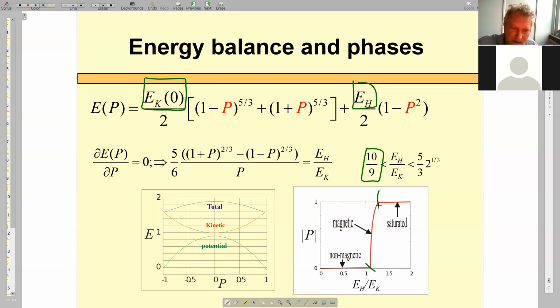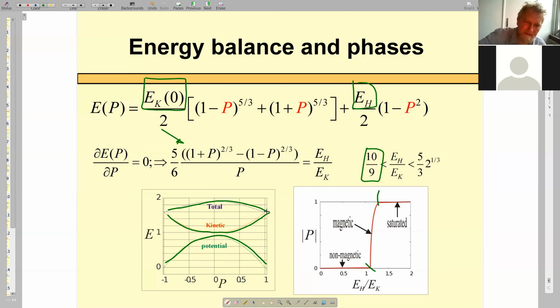Well, more or less, I'm just making plots of this expression. I have two contributions, kinetic energy and potential energy, and the total energy. And I see where I have the minimum of total energy.